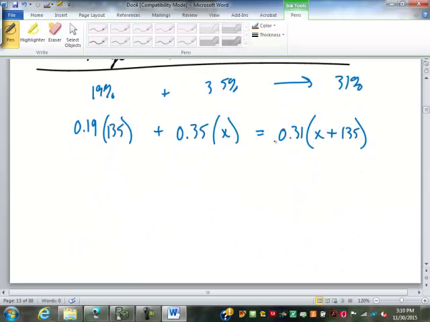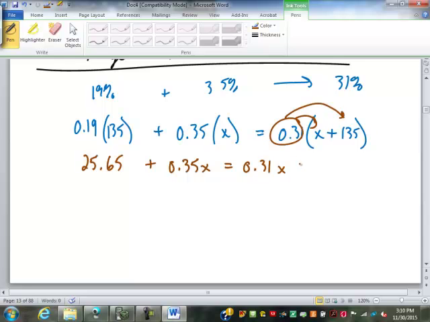So 0.19 times 135 is 25.65. Of course, that's 0.35x. 0.31 times x is 0.31x. 0.31 times 135 is 41.85.